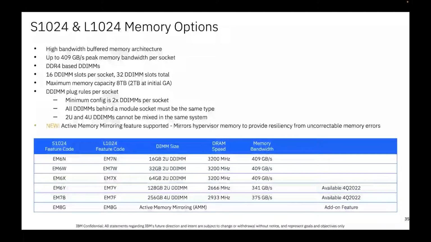Memory as well, we have a number of memory choices, and we have the last two, the 128 and 256, that would take us up to 8 terabyte and 4 terabyte. Those two options are not until November 18th. Now, it's not going to be an announcement. These feature codes are announced and they're available in eConfig.